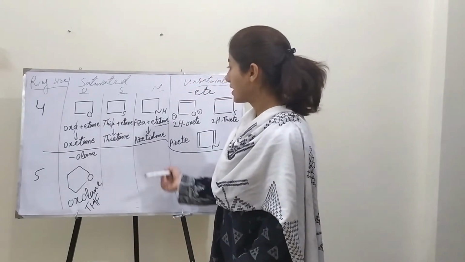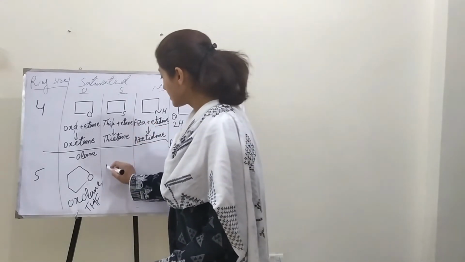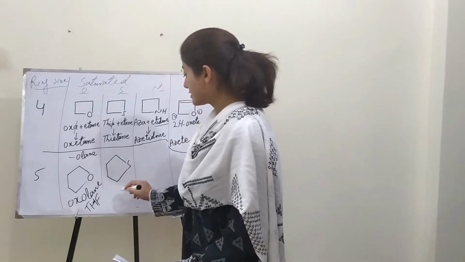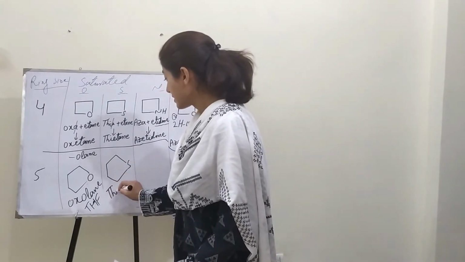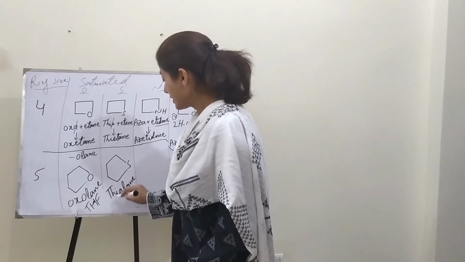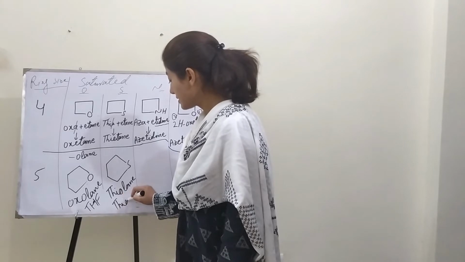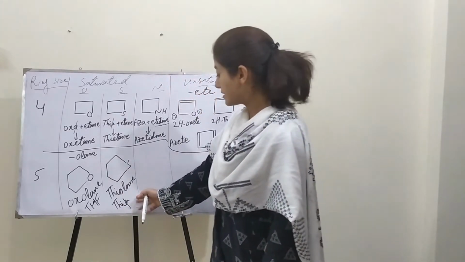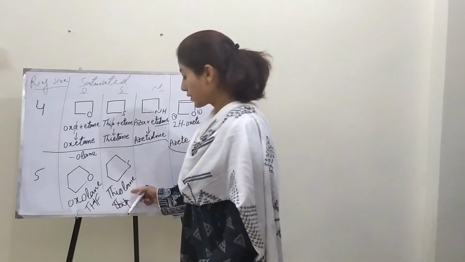In the case of sulfur, the ring would become like this and its name would be thiolane. Here, as it is thia for sulfur, but A would be omitted and then its name would become thiolane.